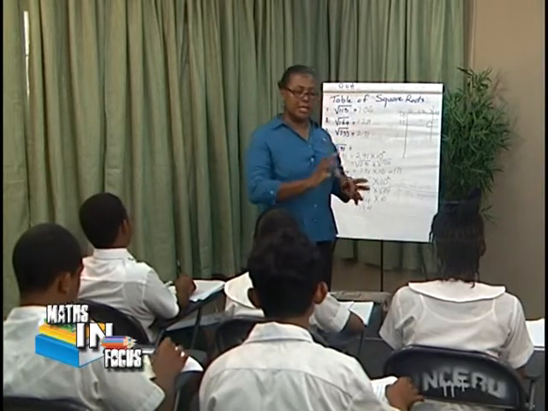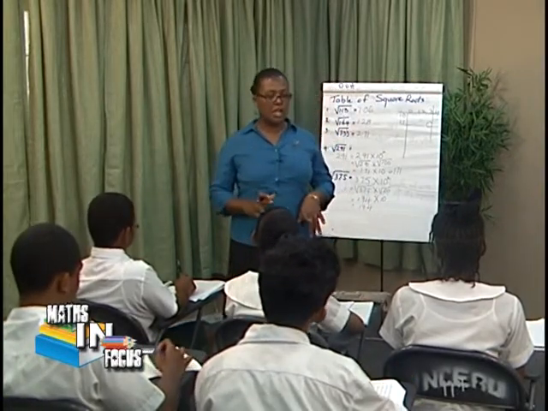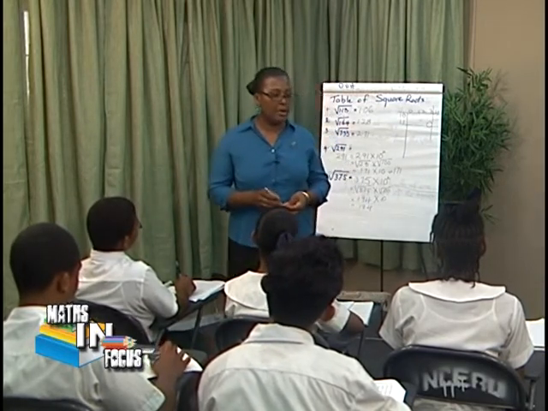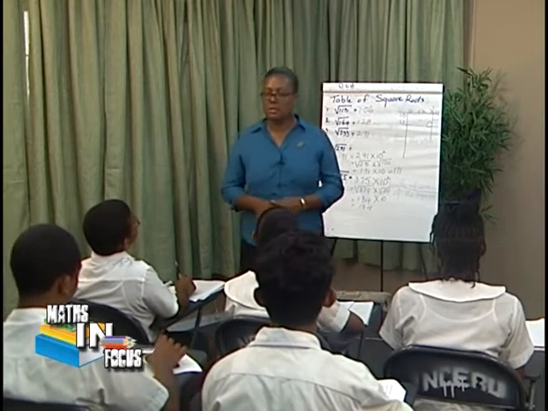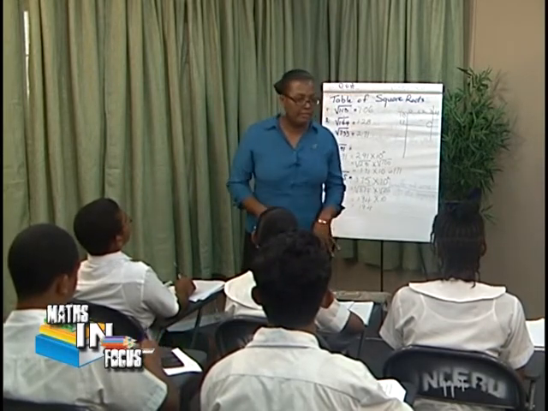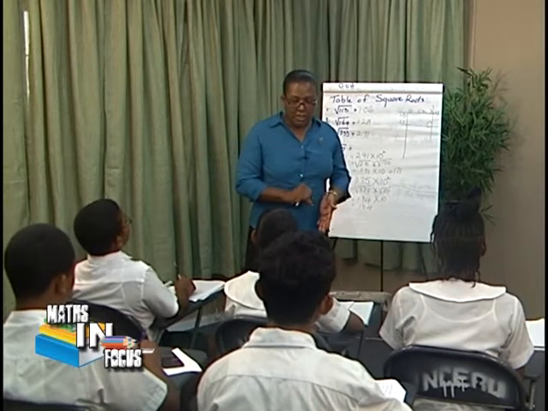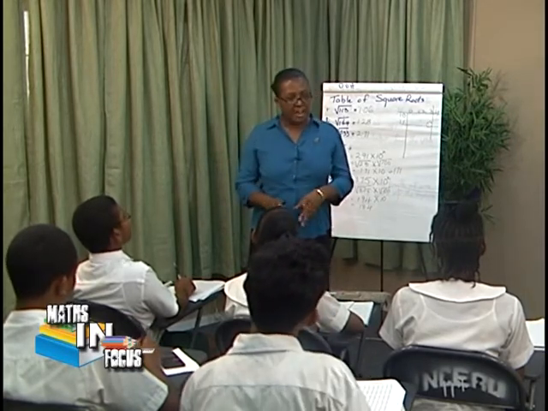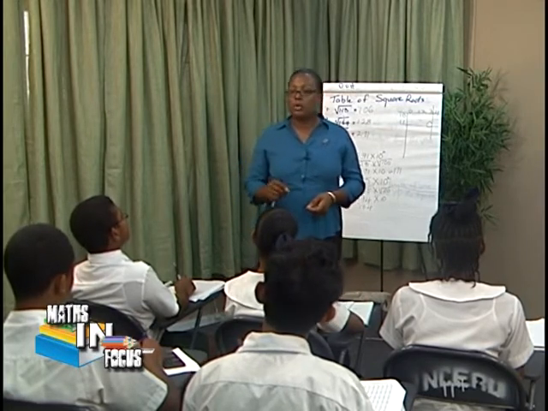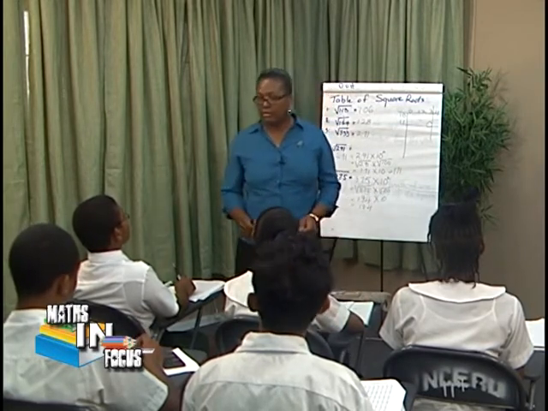We started today with computation, and our aim was to explore the square of a number and the square root of numbers. The square of a number is the number times itself. Whether we have a positive or a negative number, whenever we multiply the number by itself, the outcome is always positive.